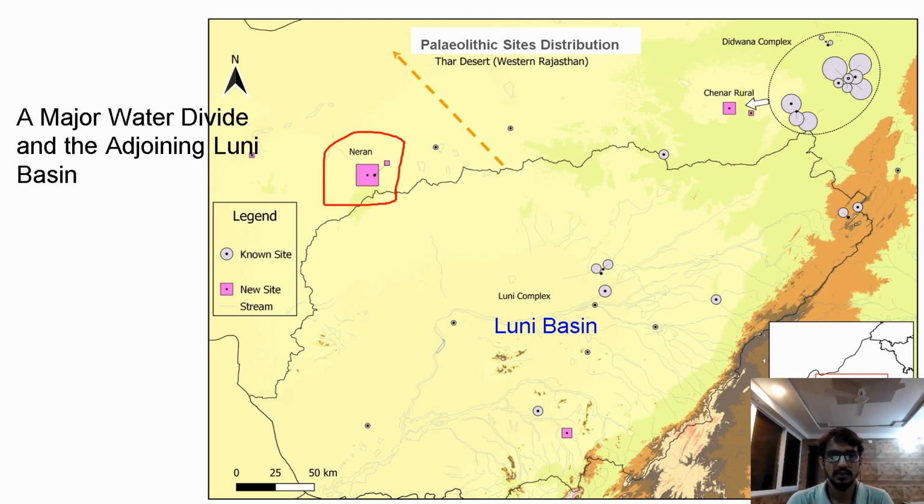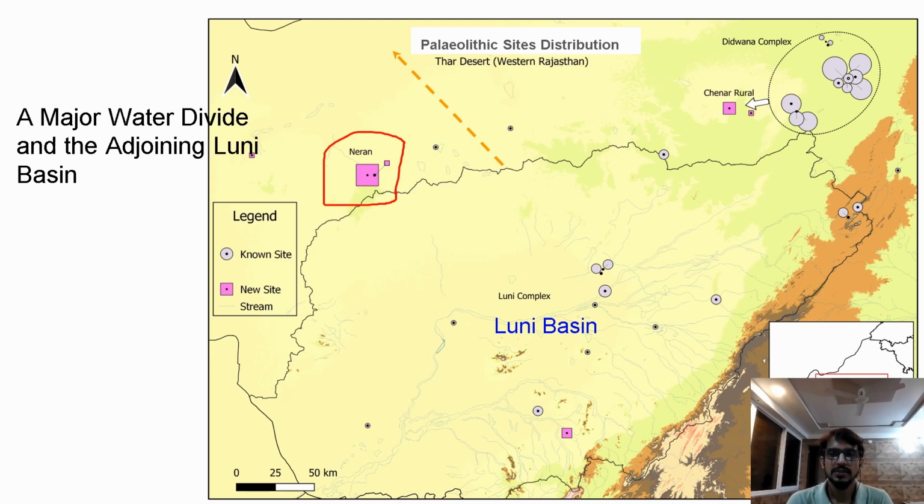It means there was no major river and no guarantee of water throughout the year. So this was the point where we started analyzing how the hominins got there and which water sources they were surviving on.